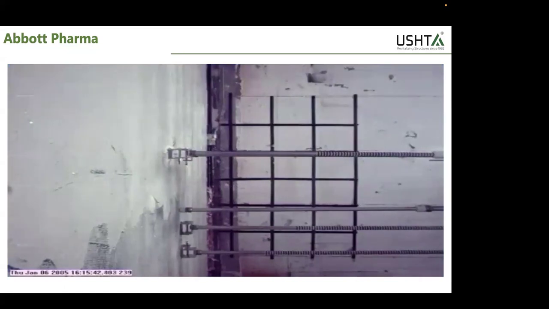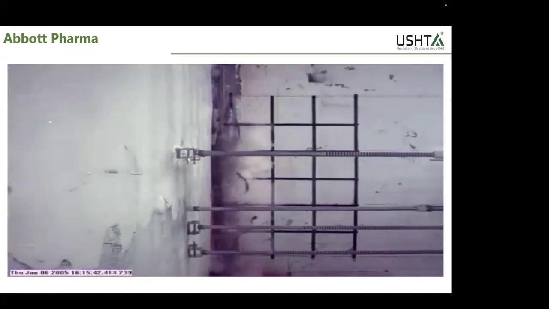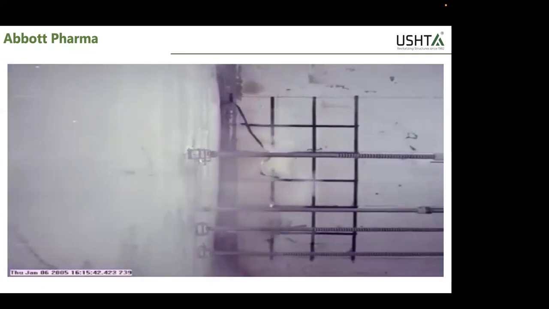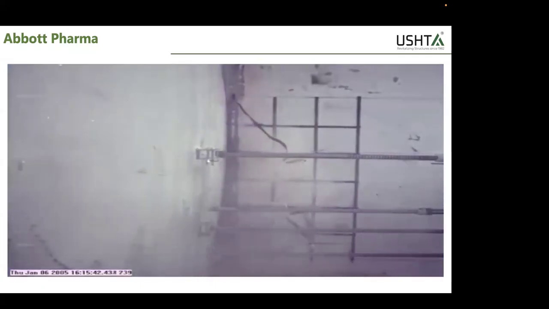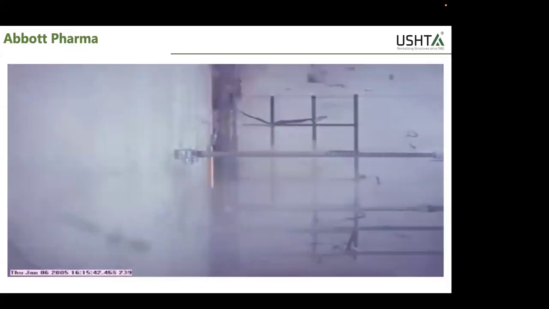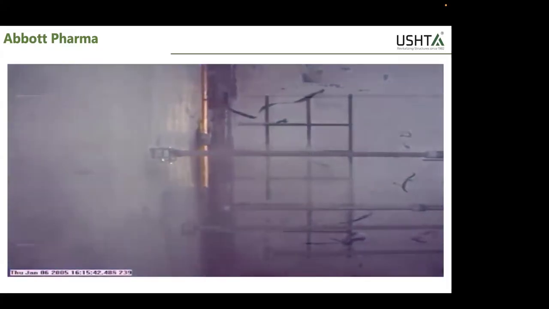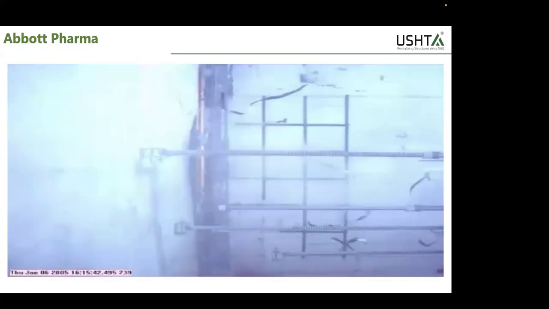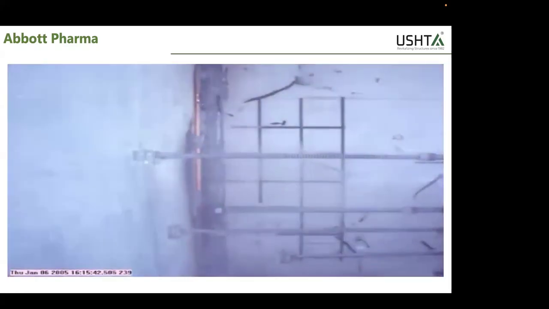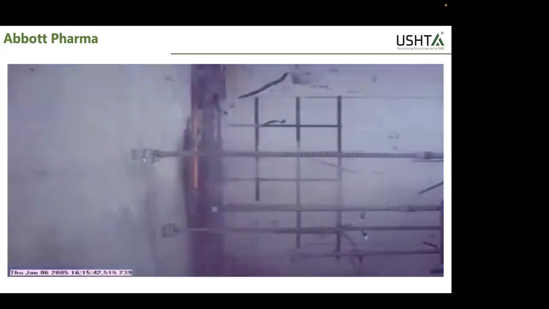You can see from the side now. And this is an AAC block wall. It's behaving like a rubber band. It moved 4 inches on both sides and came back to its position.